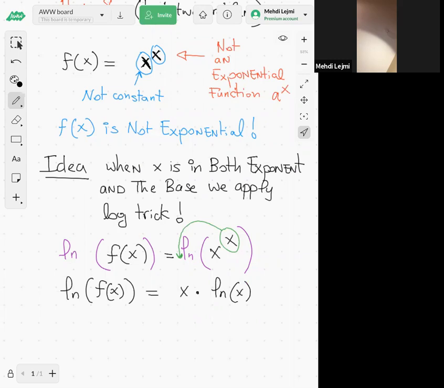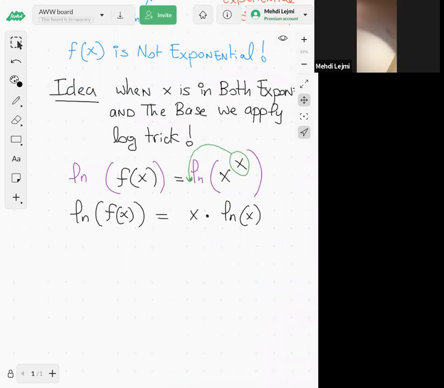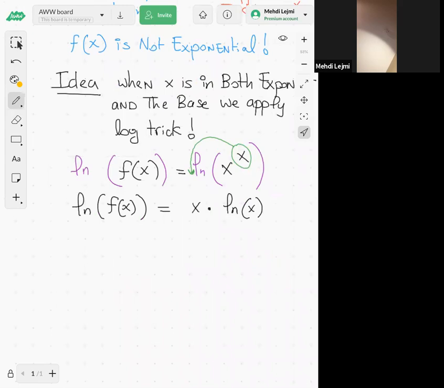Once you bring down the power, now you take the derivative of both sides. On the left side, what is the derivative of natural log of f of x? I have to remind you the following rule.